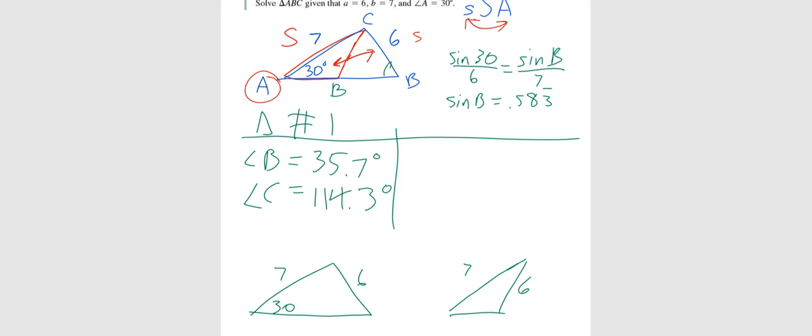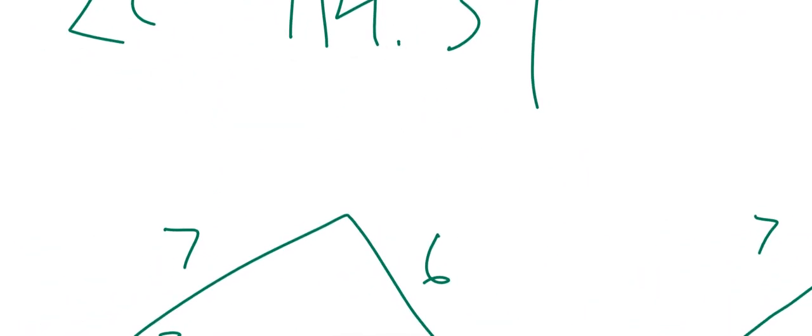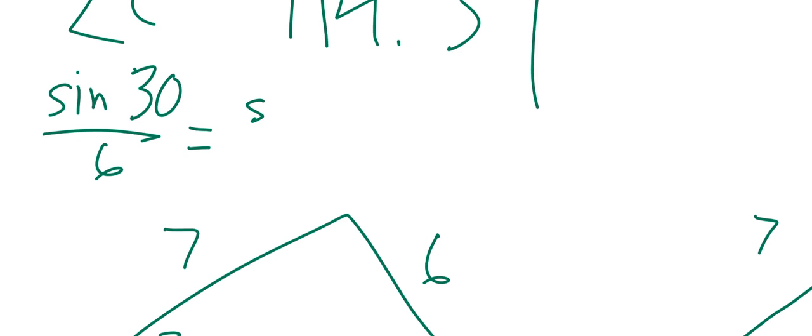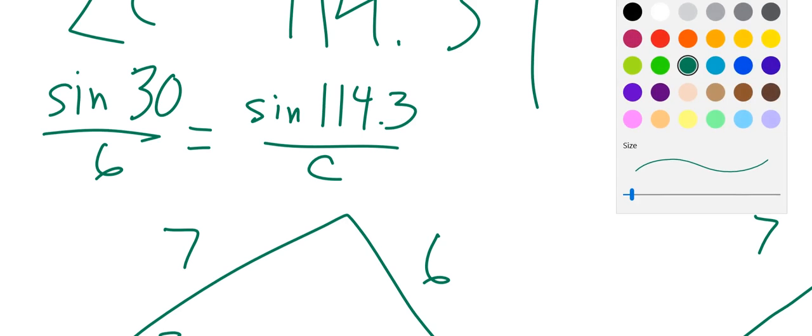All right? So if that's the case, we have enough information to find side C now. Right? We have sine of 30 degrees over its opposite side equals the sine of 114.3 over its opposite side, C. So, what do we get for C in this case?